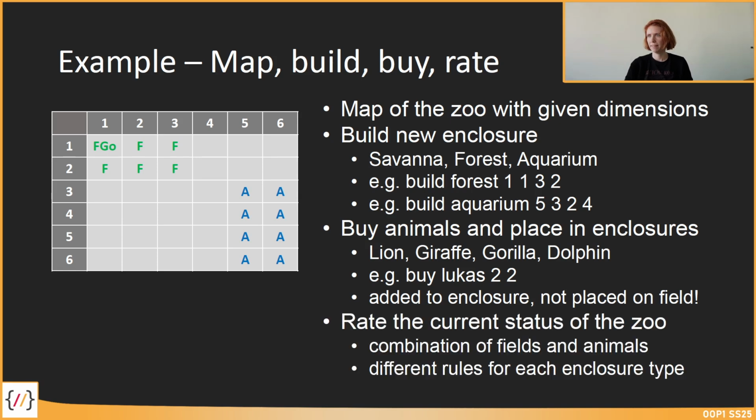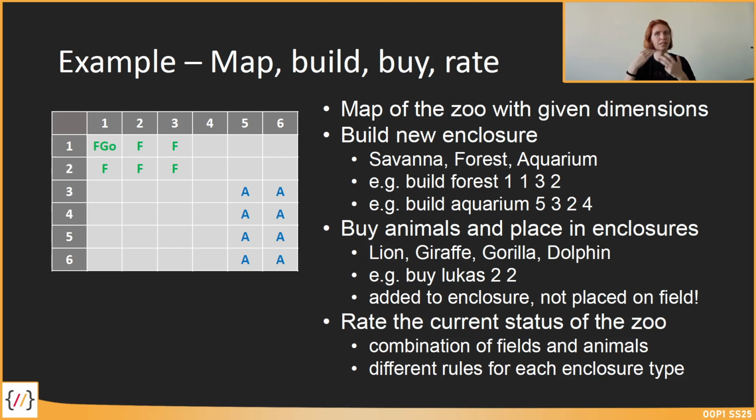All right, and then a final thing you can do is you can rate your zoo. So there is a rate command which takes a look at the current status of the zoo, and then through a combination of which fields are part of which enclosures and which animals are placed where, and the different rules for each enclosure type, a rating for the whole zoo is calculated and printed.